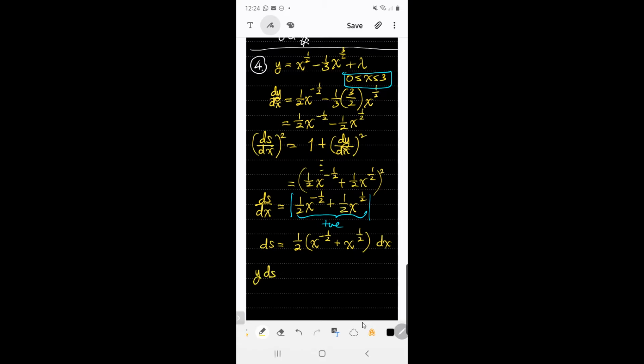So you have half, times x to the power of negative half plus x to the power of half, multiplied by y, where y is x to the power of half minus 1 over 3 x to the power of 3 over 2 plus lambda, dx.